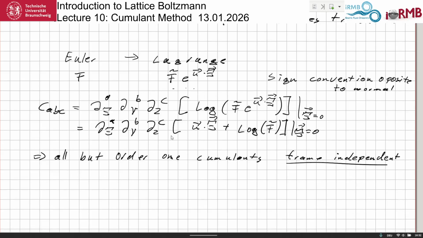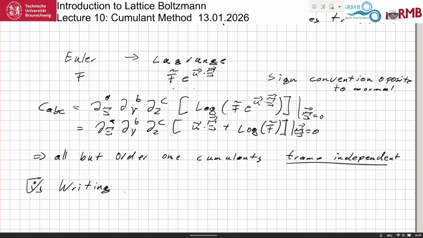Now there is a practical application of this that helps us gain some efficiency. The transformation between moments and cumulants can get very, very complicated for higher order cumulants.